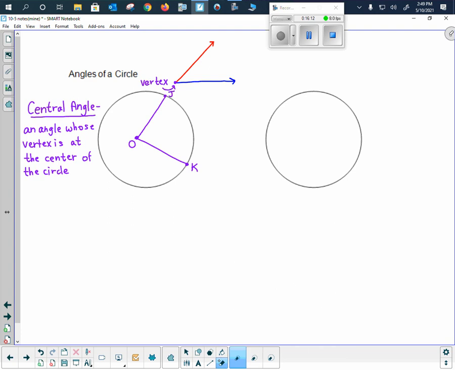Okay, an angle whose vertex is at the center of the circle. That'll look a little bit better so you can read it. There we go.